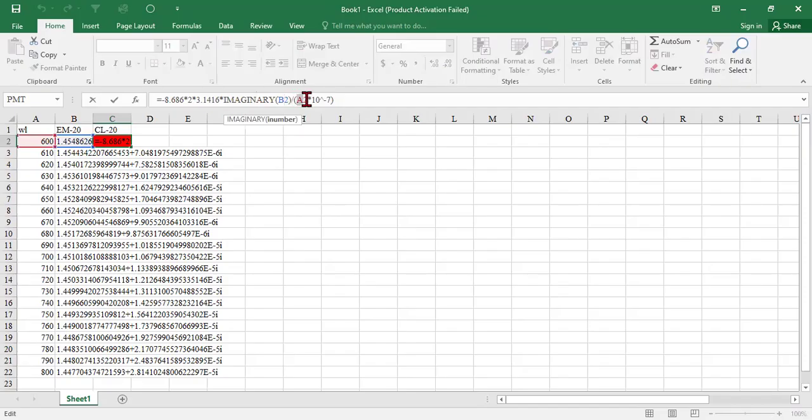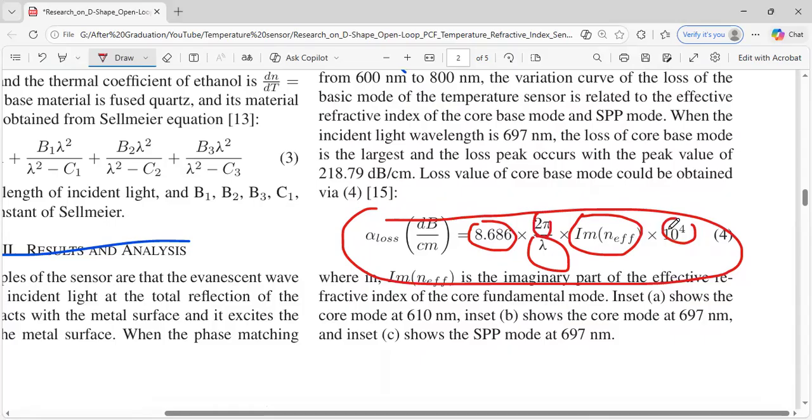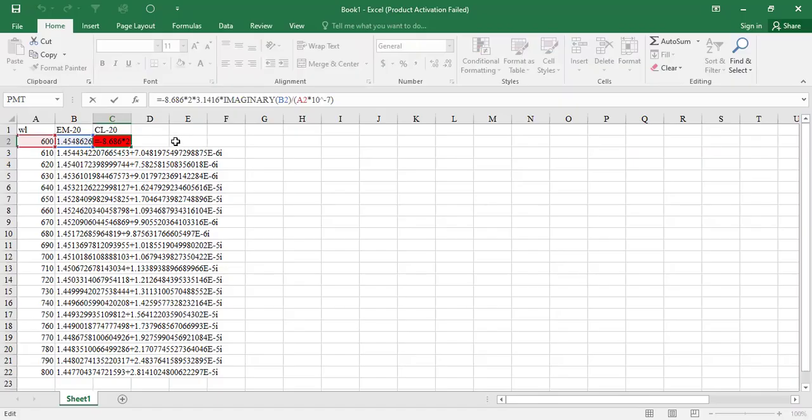Okay, and then divided by wavelength into 10 to the power 4. If we take wavelength in micrometer, then it will be 10 to 4. And if we take wavelength in nanometer, then we have to take it 10 to the minus 7.